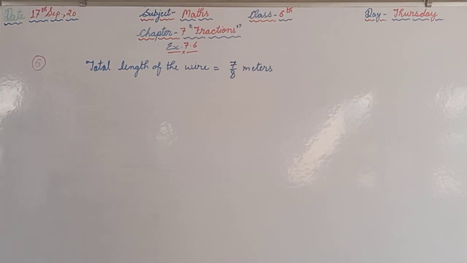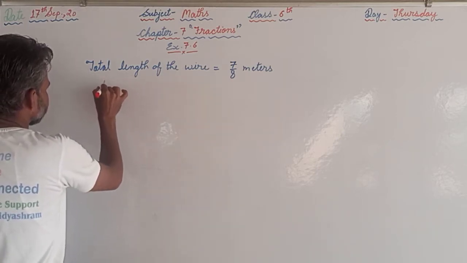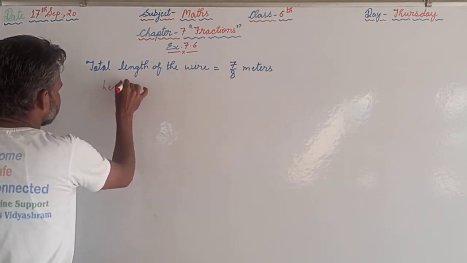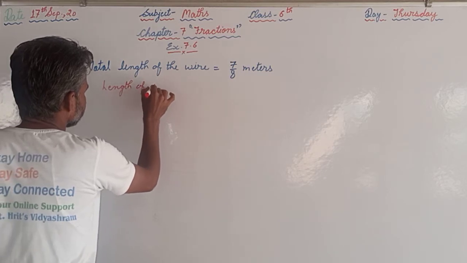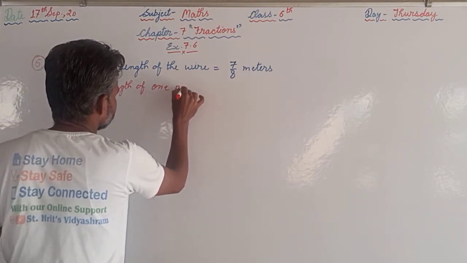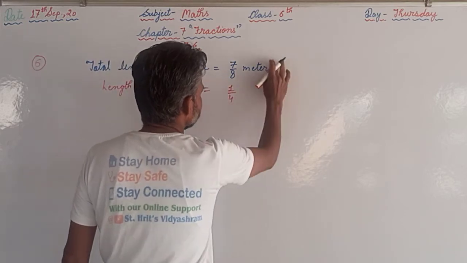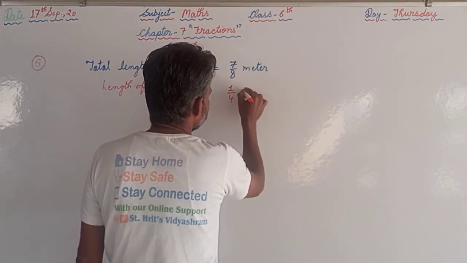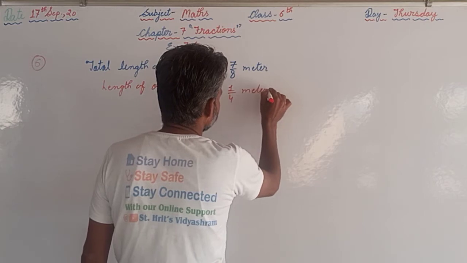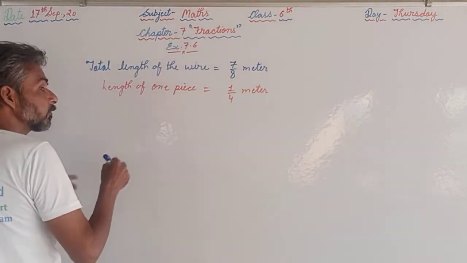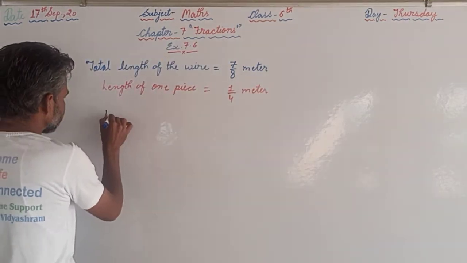The length of one piece is equal to 1/4 meter, and the length of the second piece is to be found.